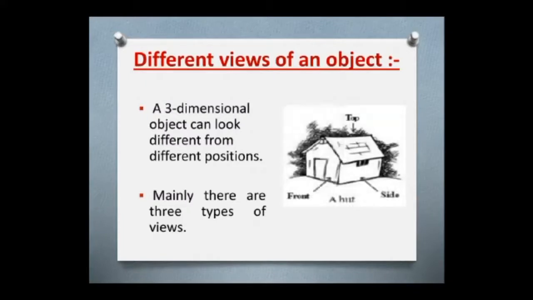Here, you can see one picture of a hut. A hut has three types of view as shown in the picture. First one is top view, second one is front view, and the third one is side view. Let's find out all the views of a hut.